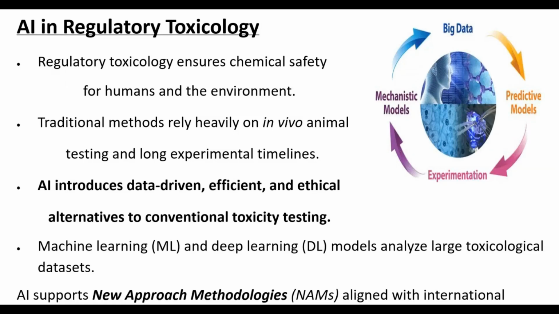And of course, the new approach methodologies are aligned with the international guidelines now. Regulatory agencies like EPA, as I told you, even the ICA, because they are more worried about non-animal test or new approach methodologies, are explaining the AI-based methods, and they have already published them to support the risk assessment process.